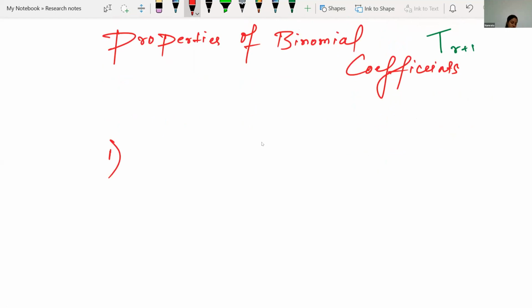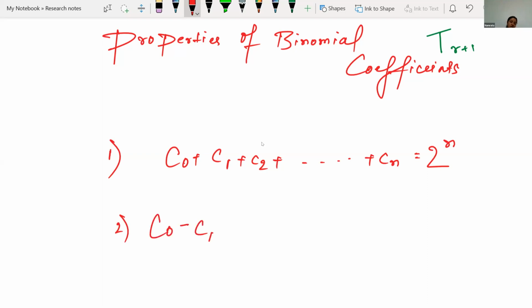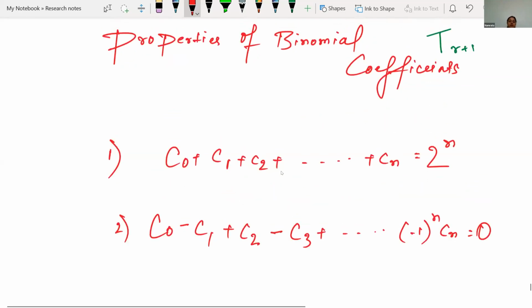The first property says the sum C0, C1, C2, up to Cn, the sum of all the coefficients will be 2 to the power n. Okay. The next property is C0 minus C1 plus C2 minus C3 plus dot dot dot minus 1 to the power n Cn is equal to 0. Okay, are you writing it?